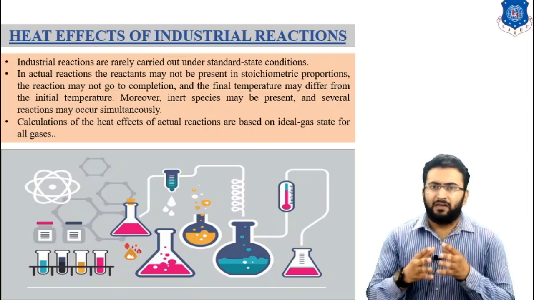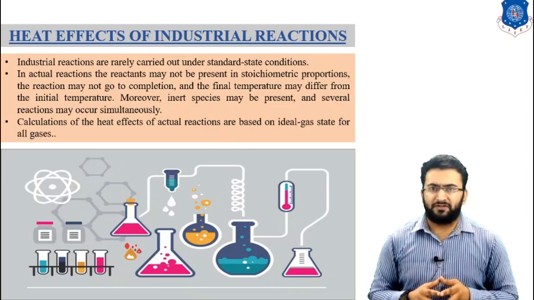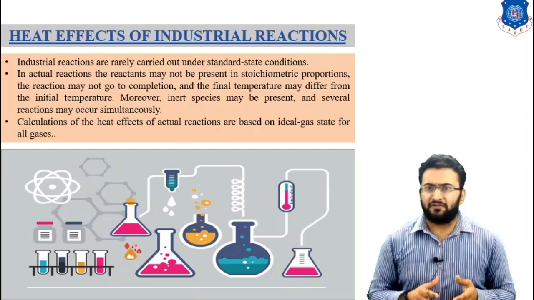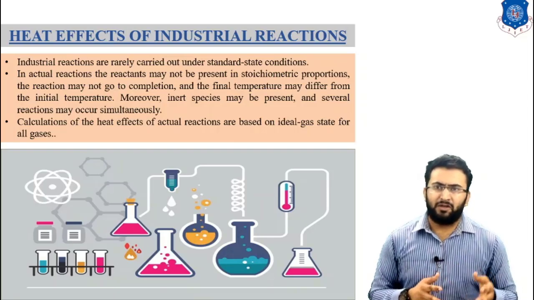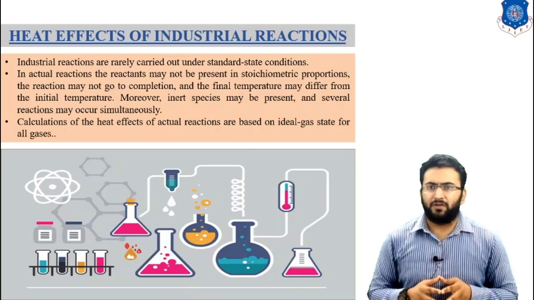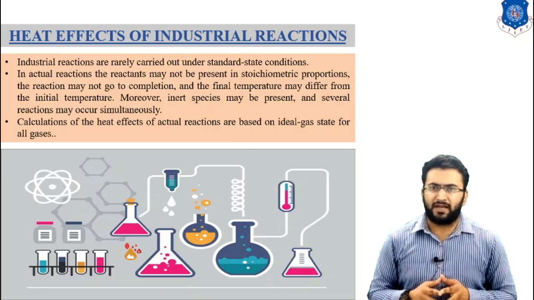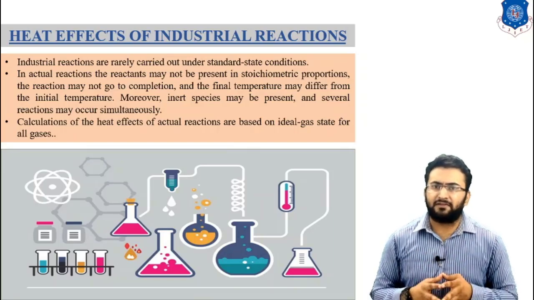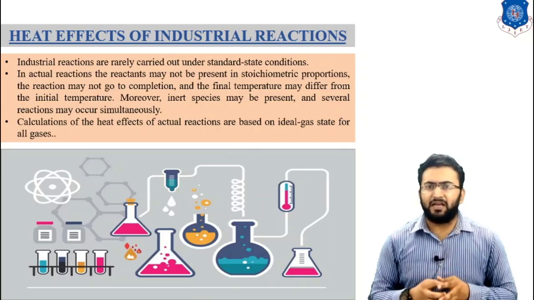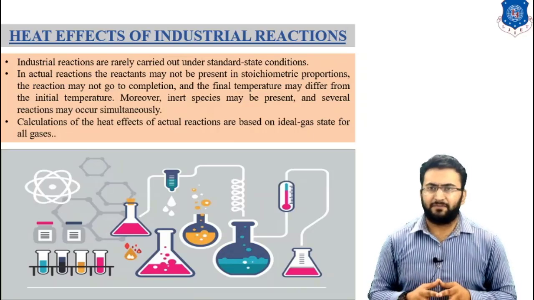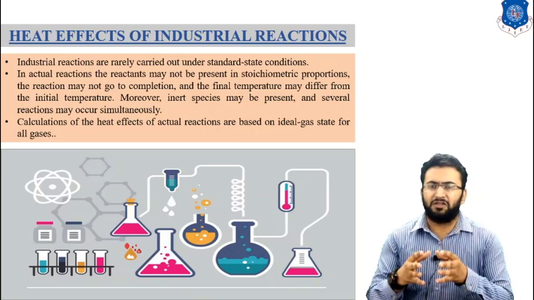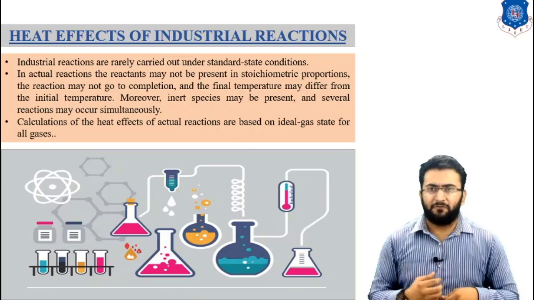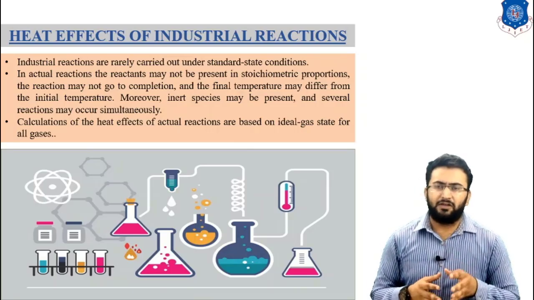Moreover, inert species may be present and several reactions may also occur simultaneously. The calculation of heat of actual reaction, or heat effect of industrial reaction, is based on ideal gas state for all gases. So this is all about the industrial reaction and the effect of heat on industrial reaction.